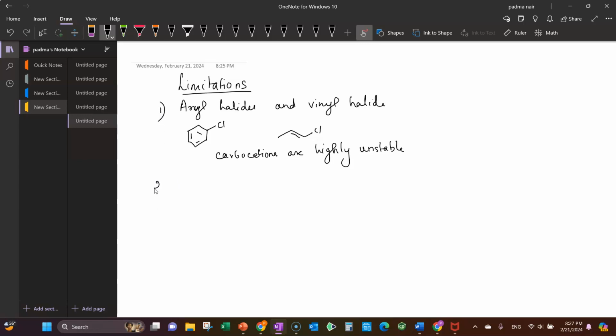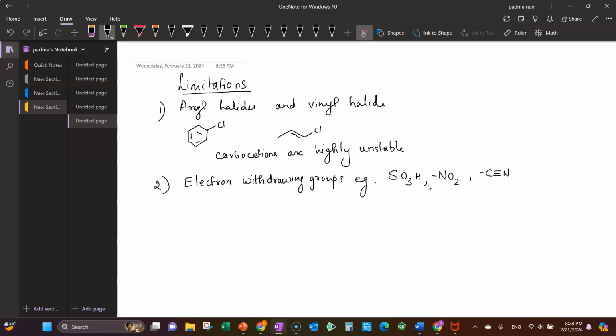This was one limitation. The second limitation is that if you have electron withdrawing groups like SO3H or NO2, cyanides, the presence of these on the benzene ring will make the reaction slower when we are doing a Friedel-Crafts reaction.